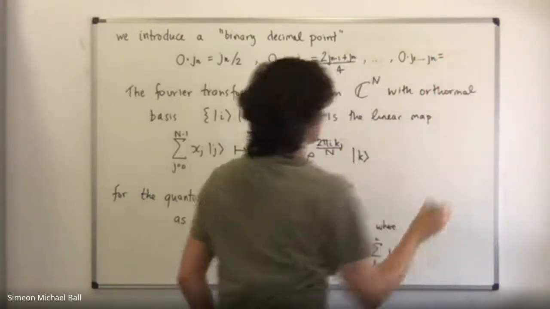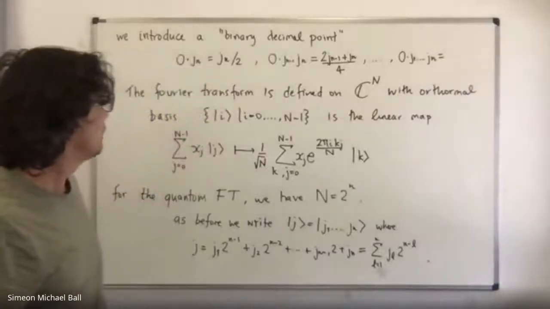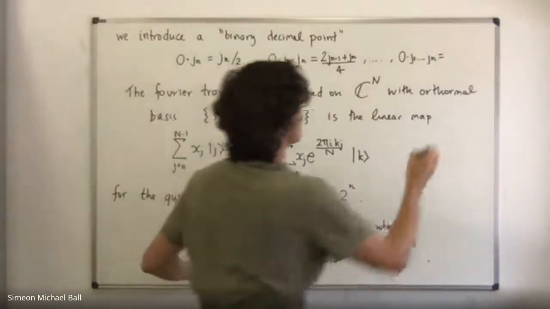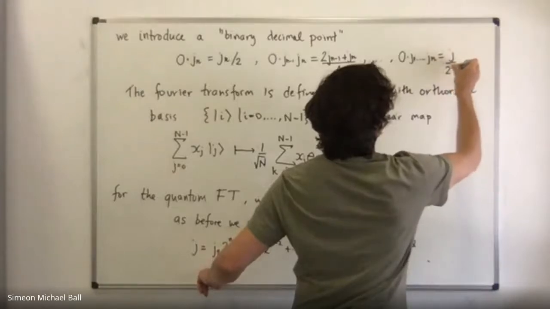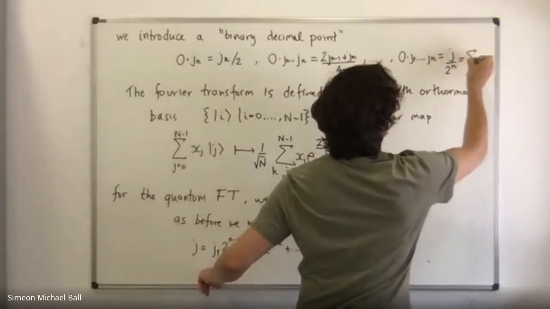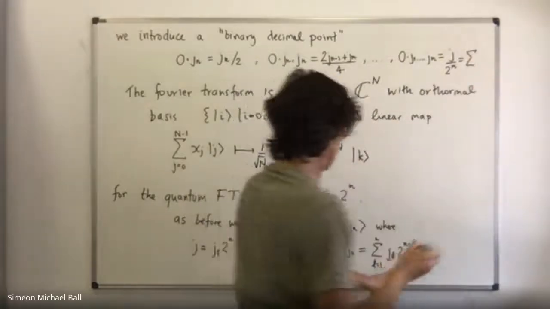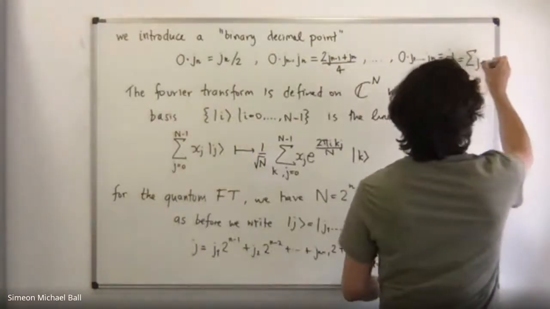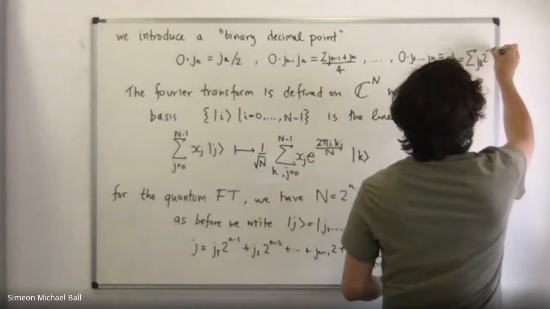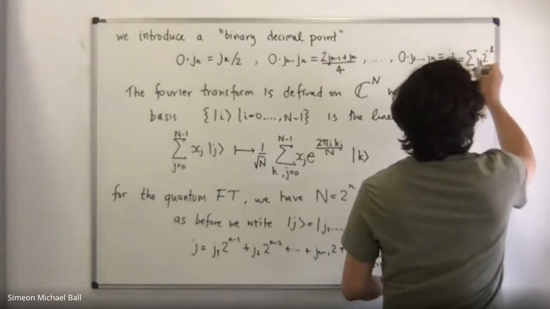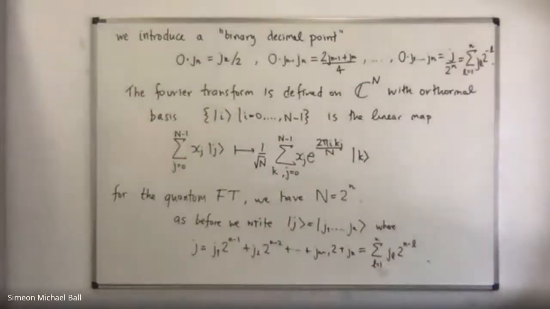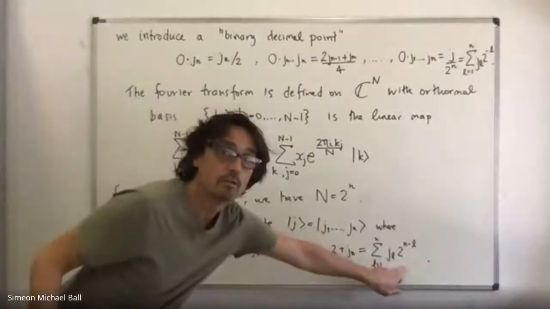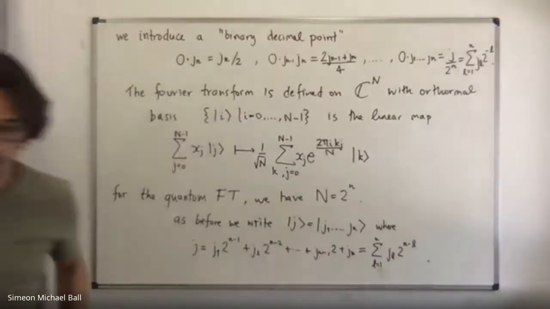Well, that's going to be j divided by 2^n, which we can verify is the sum of j_l times 2 to the minus l. It's actually just dividing all the terms of this sum by 2^n.